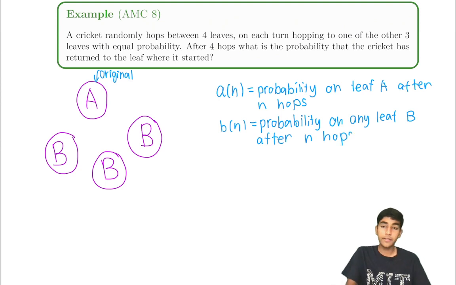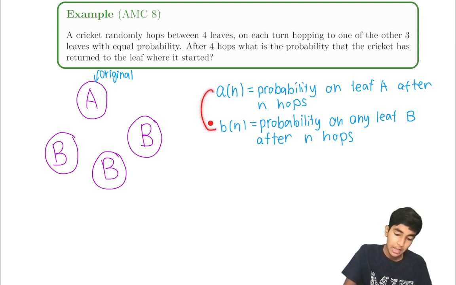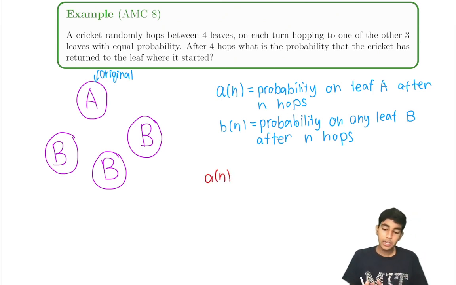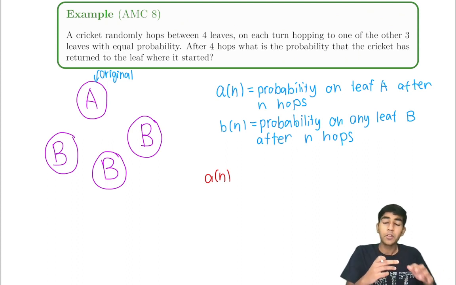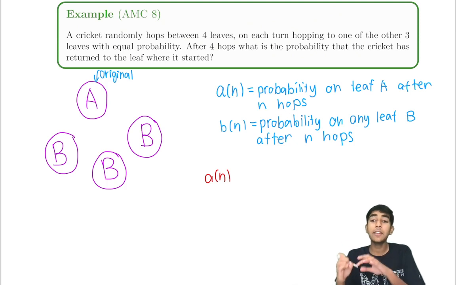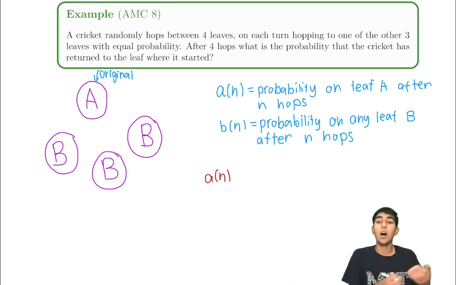So now we've defined 2 functions, and now this part is to write a recursive equation. Okay, let's try and find one for A of n. And the idea here is we can write a recursive equation between each other. And let's see what that means. So A of n. What's the probability we will be on leaf A after n hops? So recursion is kind of like, to see this, you need to look at the previous cases for n minus 1 hops.